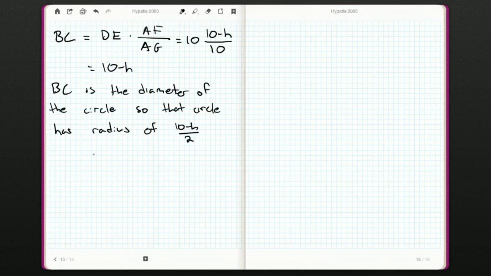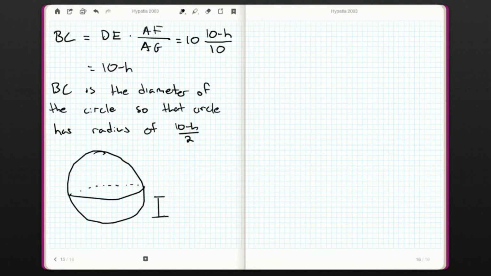Now how about the sphere? The sphere is going to be a little trickier, both to draw. Yeah, it's kind of a lopsided sphere, but we'll roll with it. Now the problem is this height h at which the plane cuts.